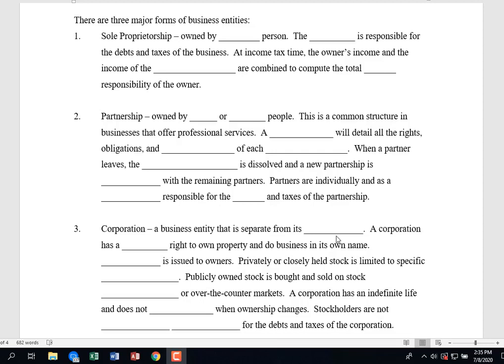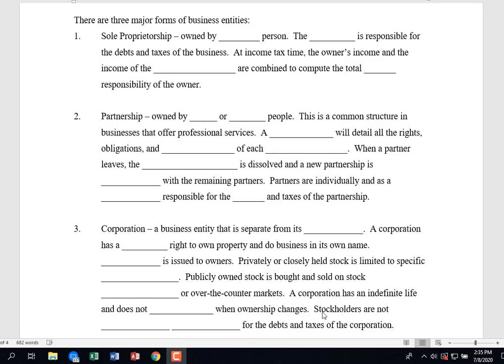And you'll pay a fee to get set up. You'll have to tell who the president, vice president, and treasurer of the corporation are going to be, and you can get started.